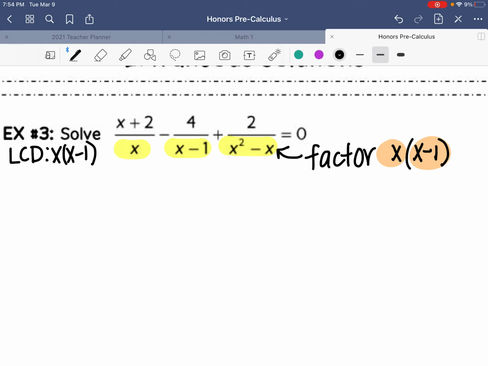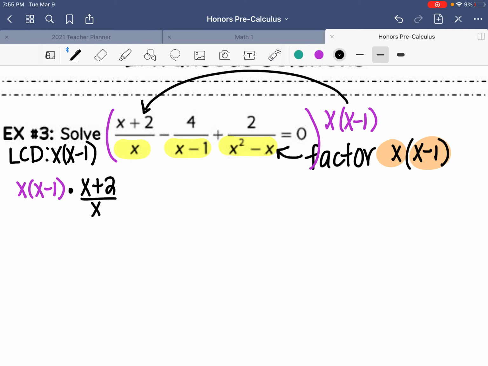So what does that mean? Well, that means that we are going to multiply my entire problem by x times x minus 1. All right, so when I set this up, I have x times x minus 1 times x plus 2 over x, because I'm going to multiply it to the first piece, and I'm going to multiply it to the second piece.